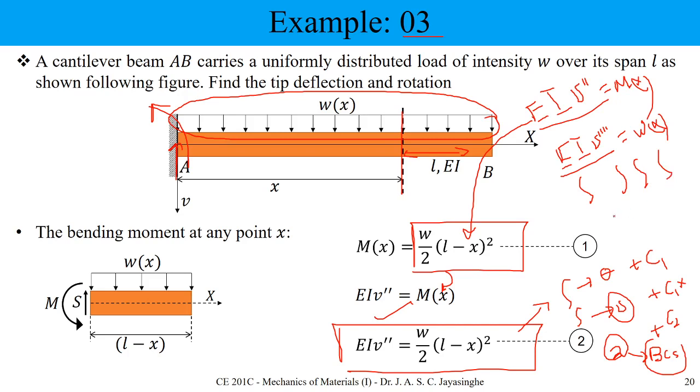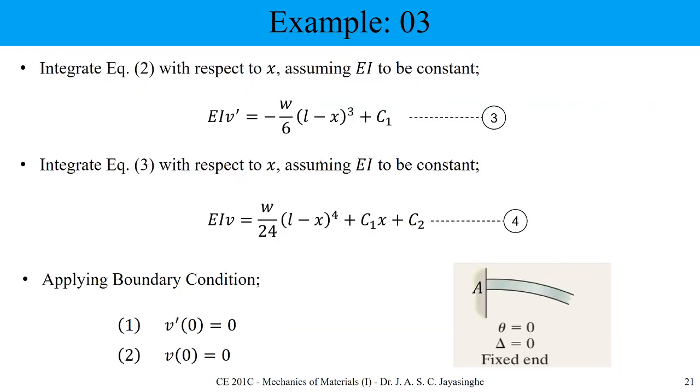So 4 integrations means you will end up with C1, C2, C3 and C4. That means you need 4 boundary conditions. Here 2 boundary conditions, here 4 boundary conditions. I will first explain this one, and after that I will explain this one a little bit, not fully. Okay, now again what you need to apply?